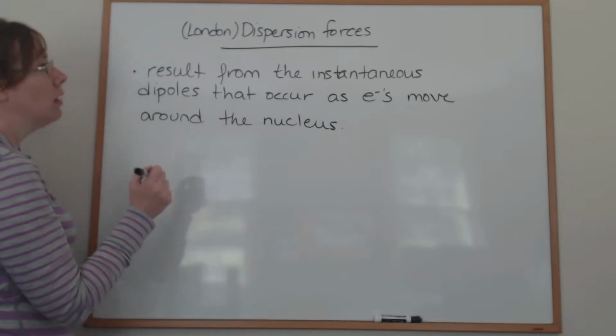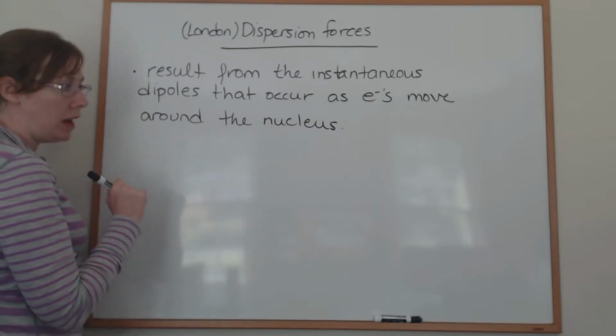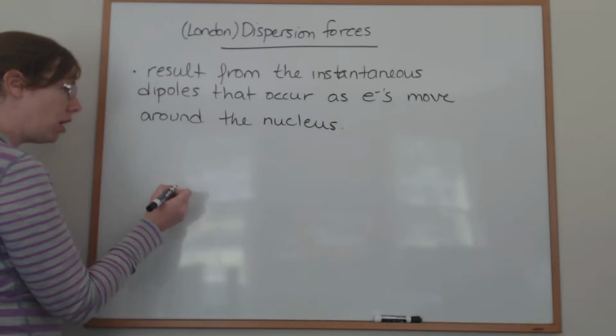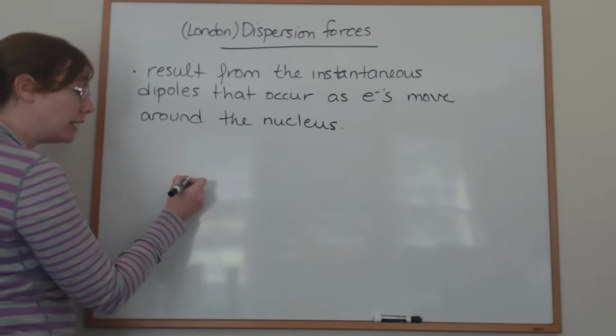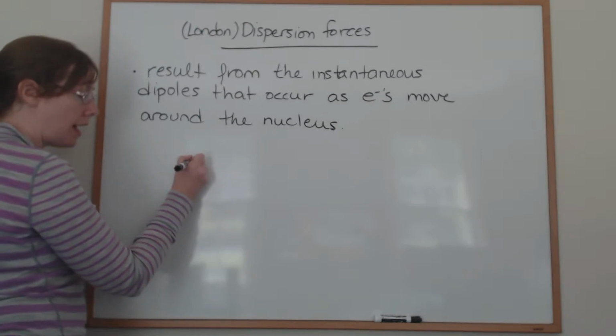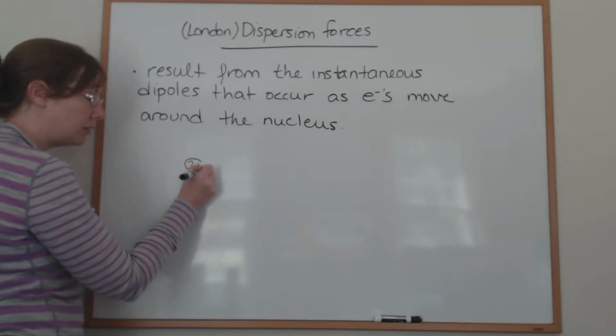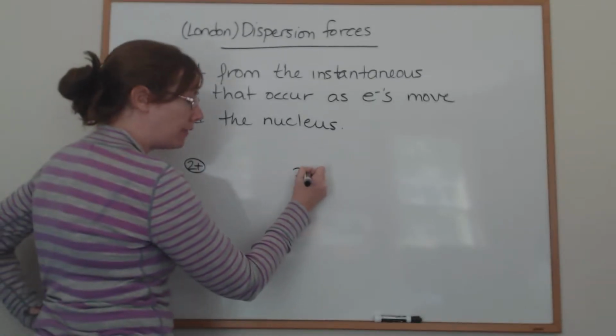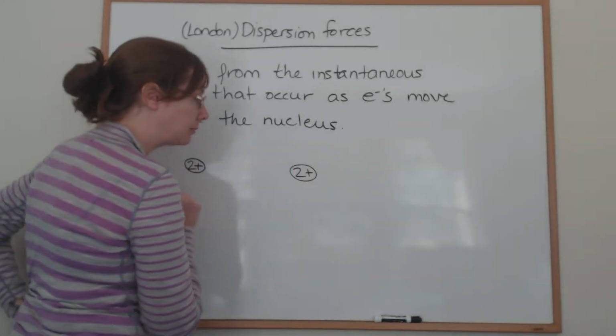All right, so this is best explained with a picture. So let's go ahead and draw 2 helium atoms. Helium atoms have, of course, a nucleus, a 2+ nucleus. So what we have going on are 2 helium atoms here.